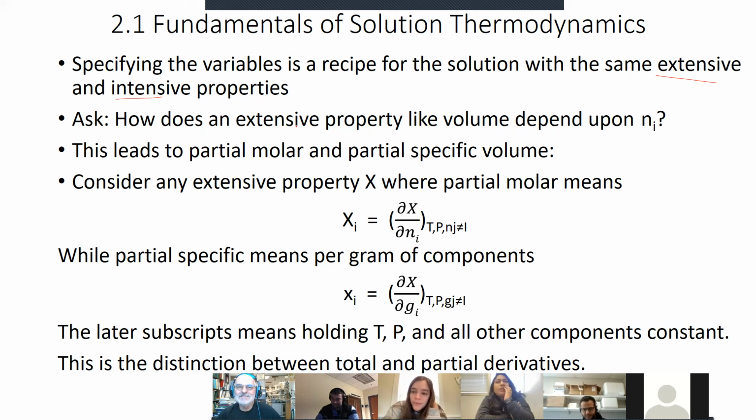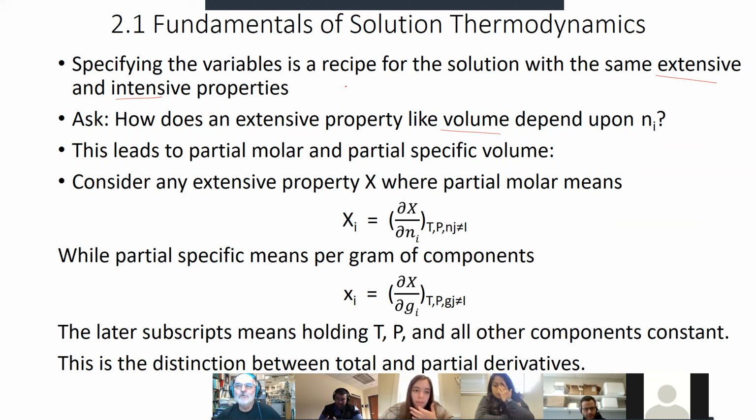If we have an extensive property like a volume that depends upon the amount of material, you can express this as moles or mass, okay? How do we deal with these properties?